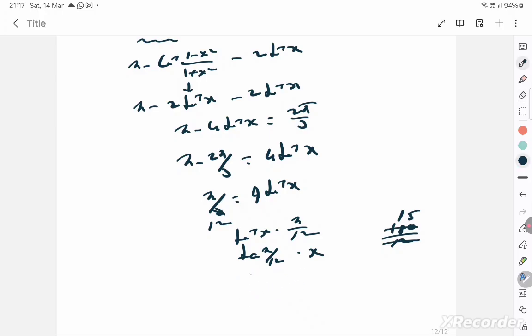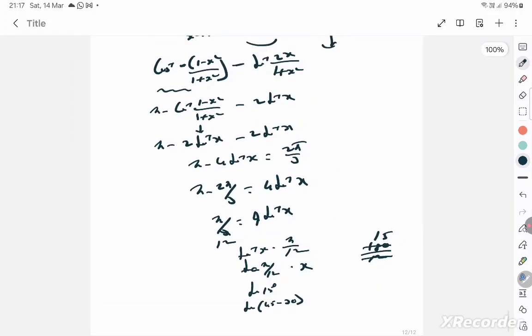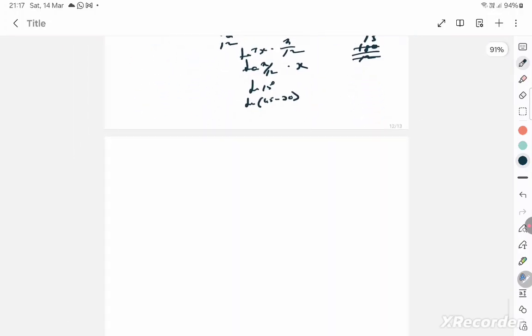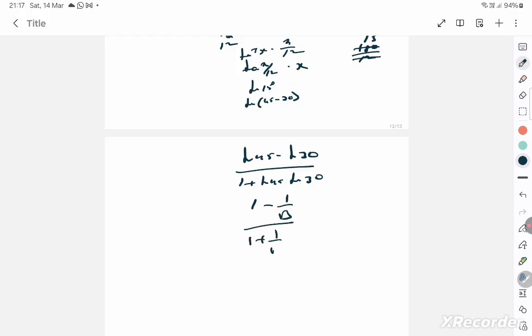So tan 15 degrees. And you all know how to find it: tan 15 is tan of 45 minus 30. So tan 45 minus tan 30 by 1 plus tan 45 tan 30. That is 1 minus 1 by root 3, by 1 plus 1 by root 3.